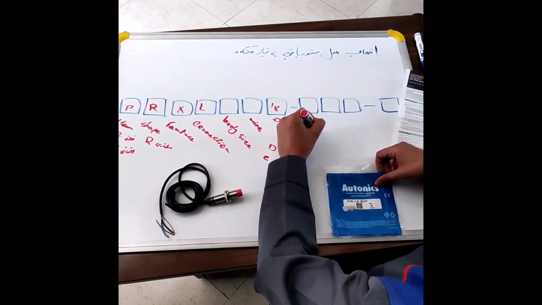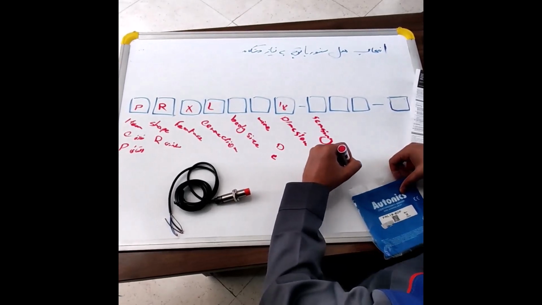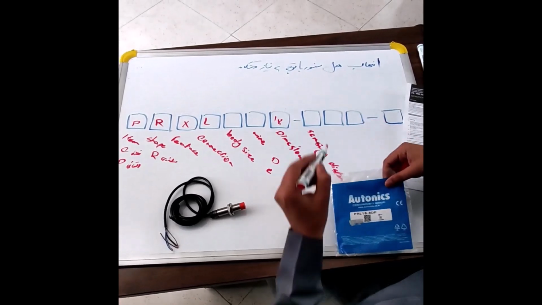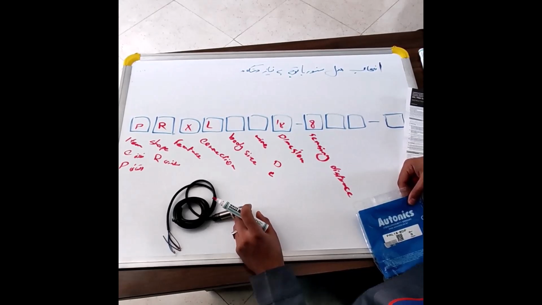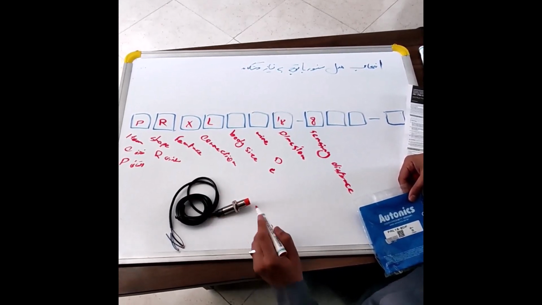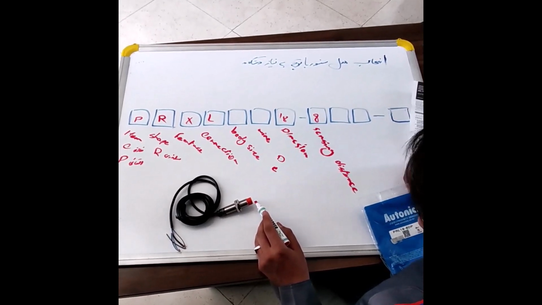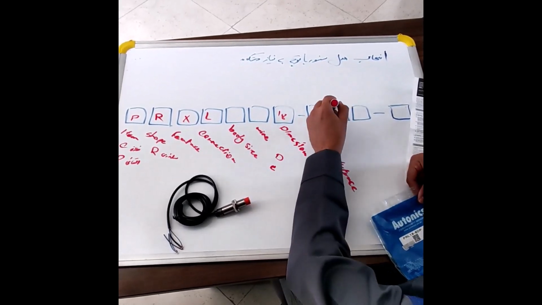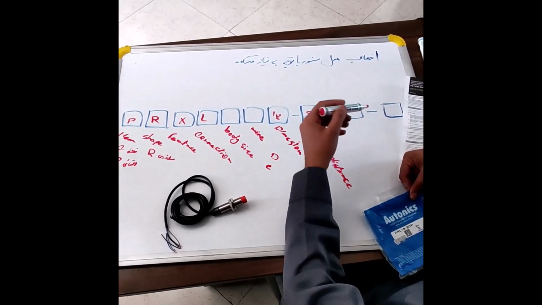The eighth square is related to the distance that the sensor can sense. The number 8 millimeter is written for this sensor. That is, the sensor detects up to 8 millimeter and doesn't detect more than 8. So if there is a metal object up to 8 millimeter ahead of the sensor, the sensor senses it.